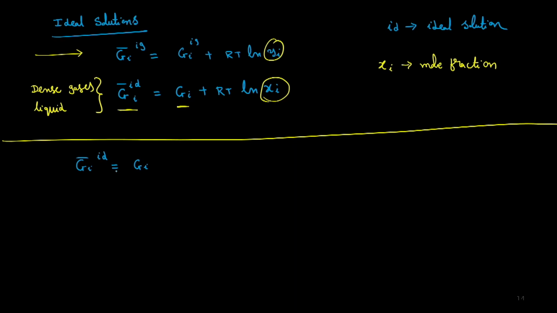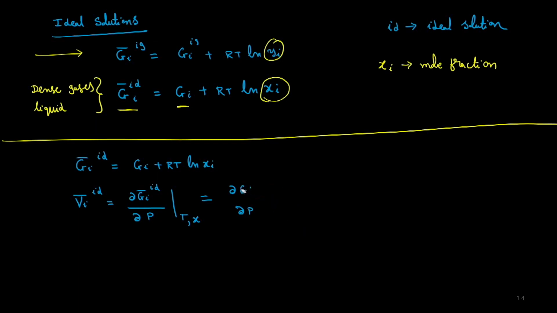Now, we know that Gi bar id is Gi plus RT ln xi. xi can be mole fraction either for gas or a liquid phase, like I said earlier. Now, if I want to calculate Vi bar id, then recall that V is the derivative of the Gibbs free energy with respect to the pressure at constant T and x. And once T and x are constant, then this will simply be the derivative of Gi with respect to pressure at constant T and x.